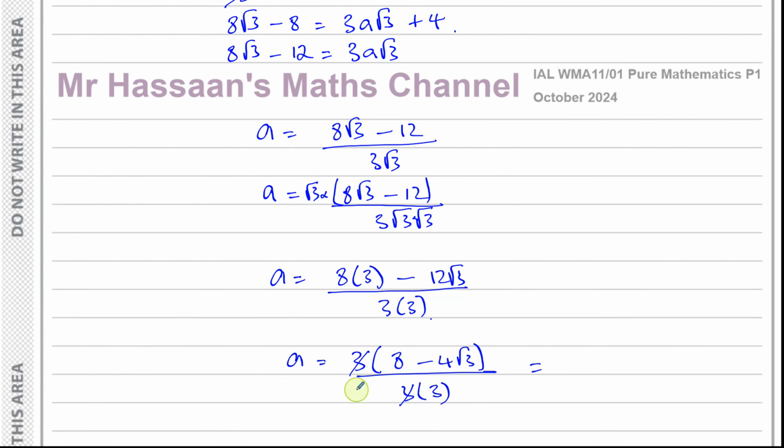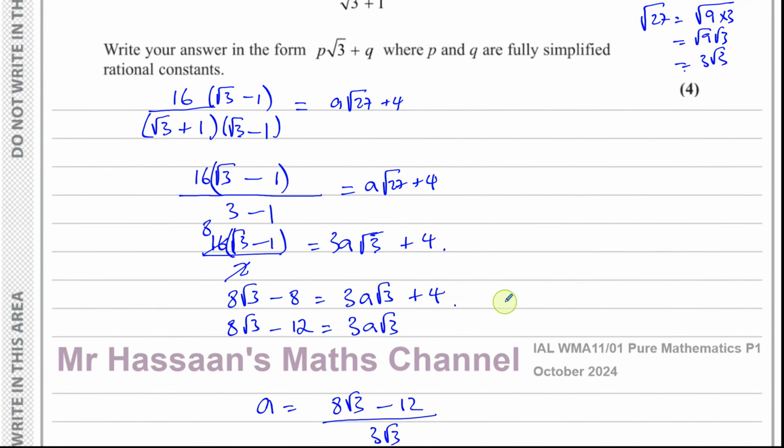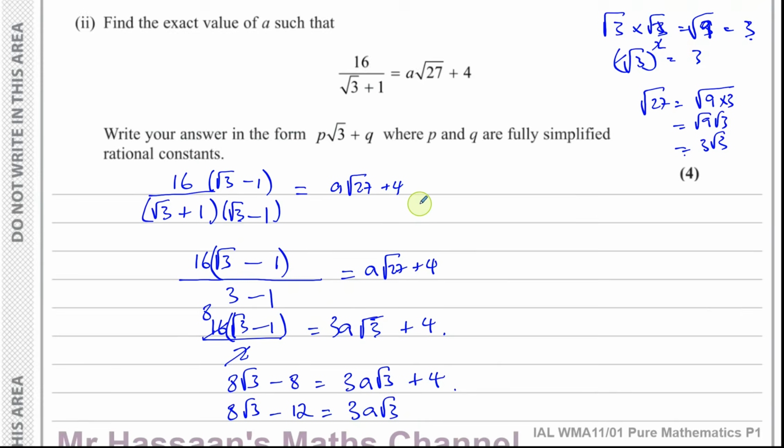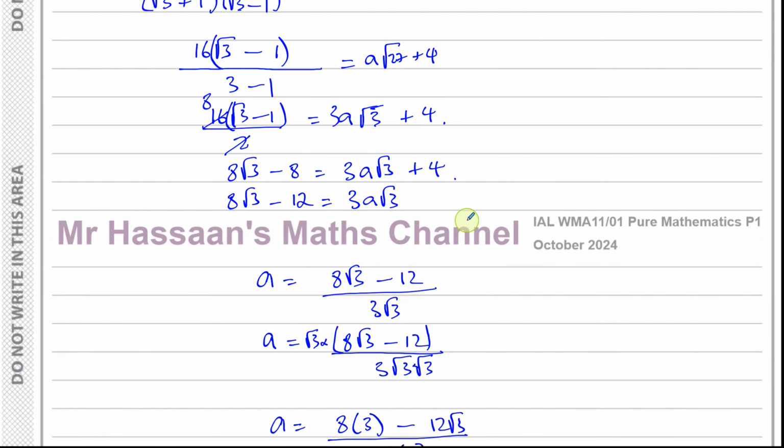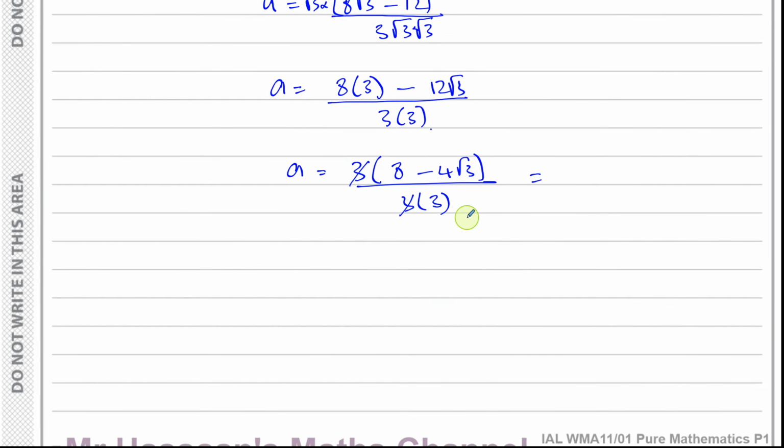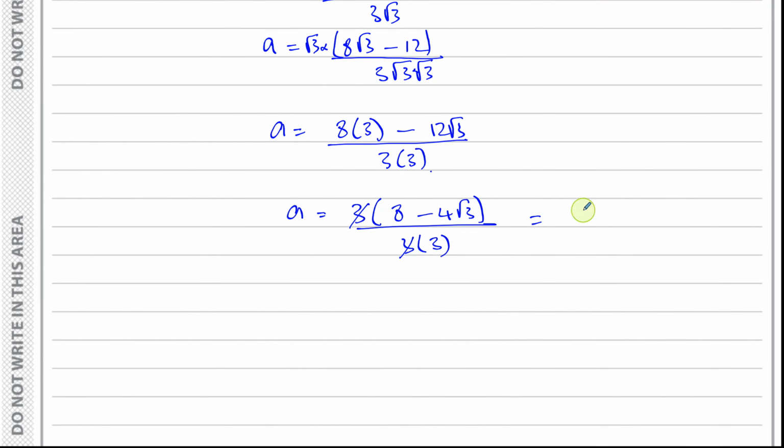Now we can separate this into separate fractions. Why? Because they want it in separate terms like this. So we'll end up with 8 over 3 minus 4 over 3 root 3, which, if you want to write it in the form that they asked us to, is negative 4 over 3 root 3 plus 8 over 3.